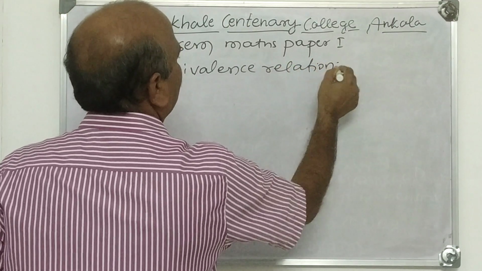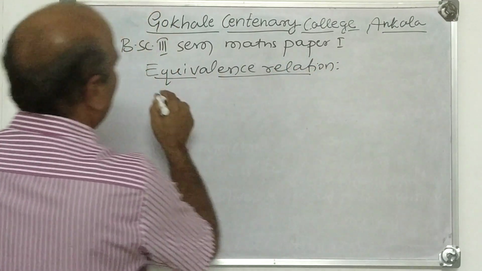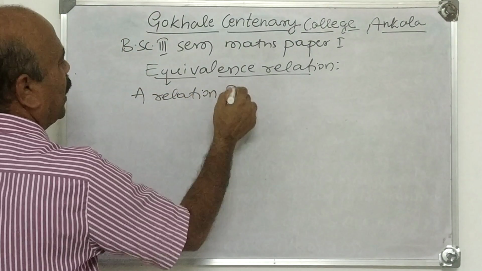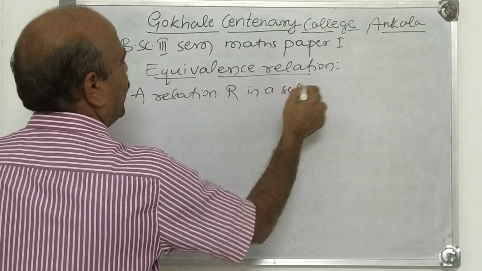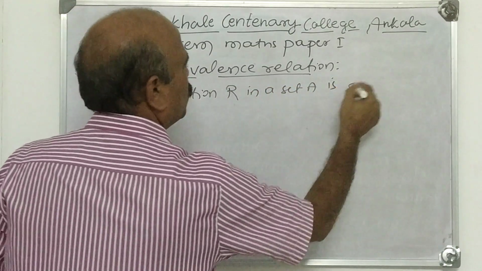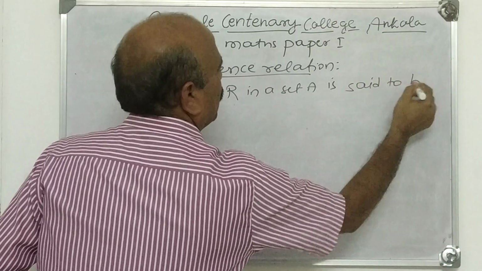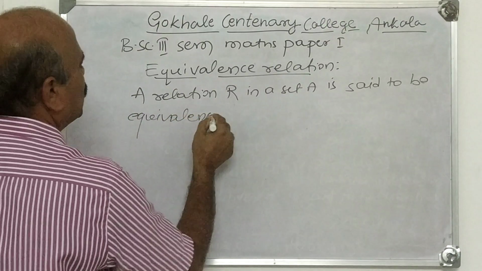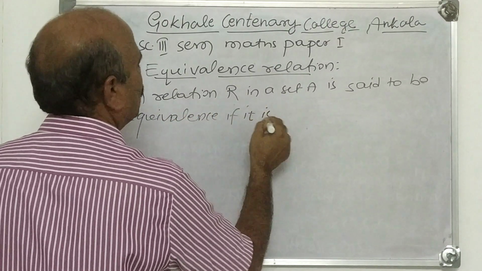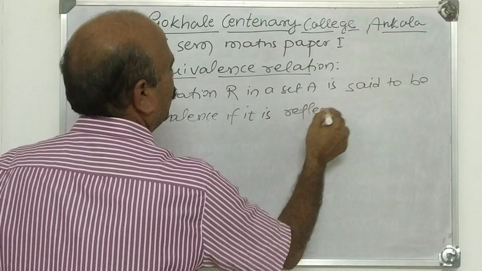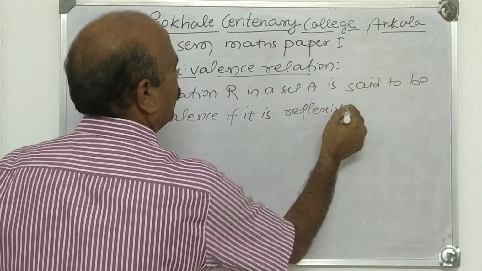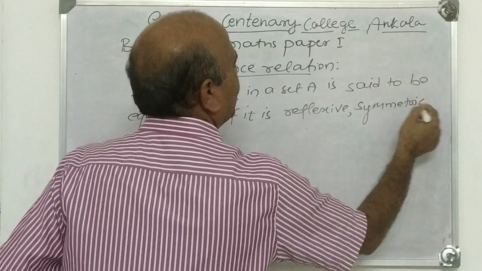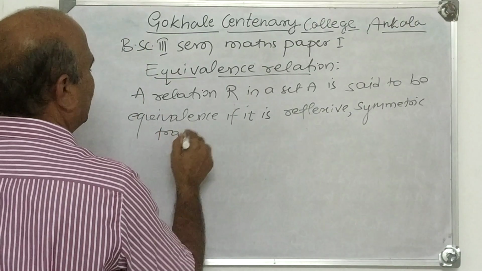A relation R in a set A is said to be equivalence if it is reflexive, symmetric as well as transitive.